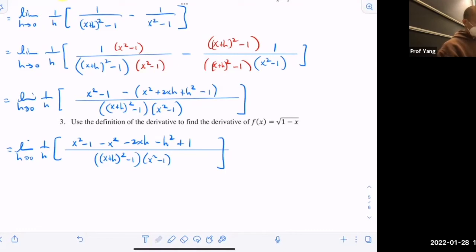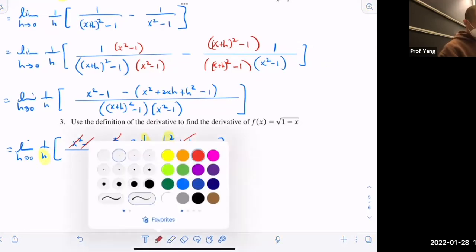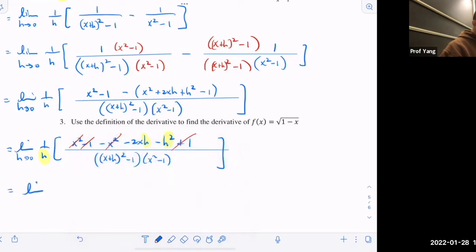Now we can simplify. So the x squared and the minus x squared kill each other off, the minus 1 and the plus 1 kill each other off. What do you notice about the numerator? They both have h's. Does that make you happy? Yes, because our goal is to kill this h right here. I mean, cancel. No need for such violent imagery. So this becomes the limit as h goes to 0, 1 over h.